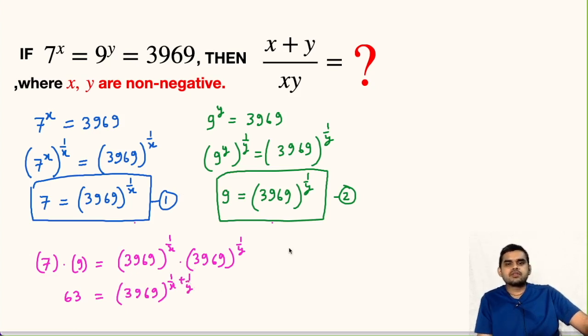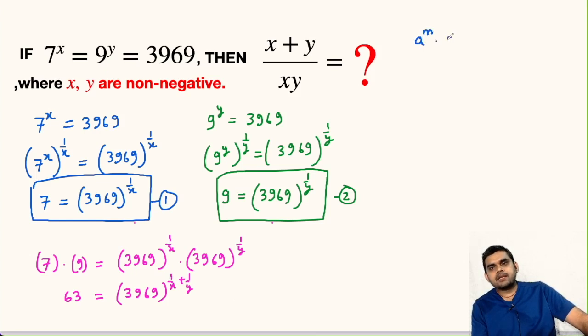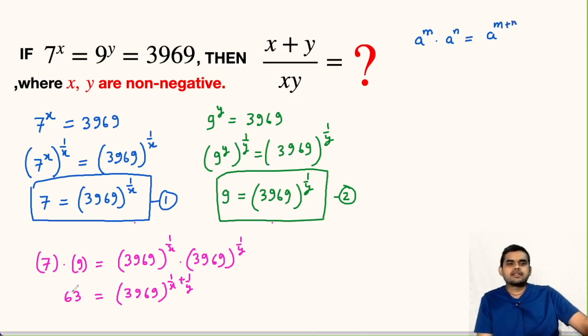Why? Because we know that we have a property: a power m multiplied with a power n is equal to a power m plus n. So here we will get 63 is equal to 3969 whole power 1 upon x plus 1 upon y.